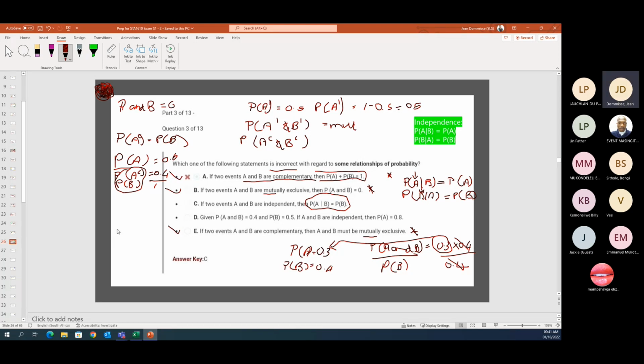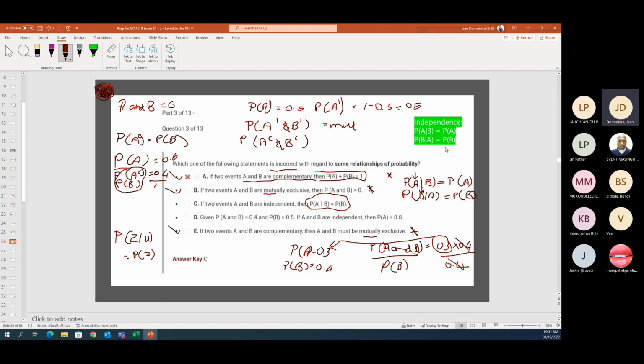And they can give you weird numbers. Z given U. Well, the answer is probability of Z. Okay, so just remember, the easiest way I remember it is if it's independence, the probability of A given B is the first letter.